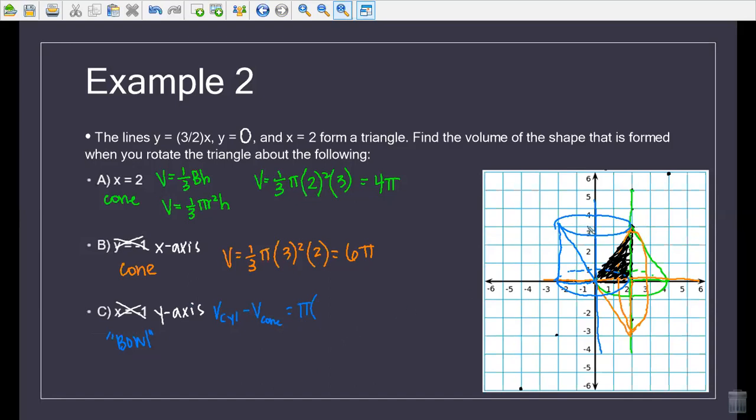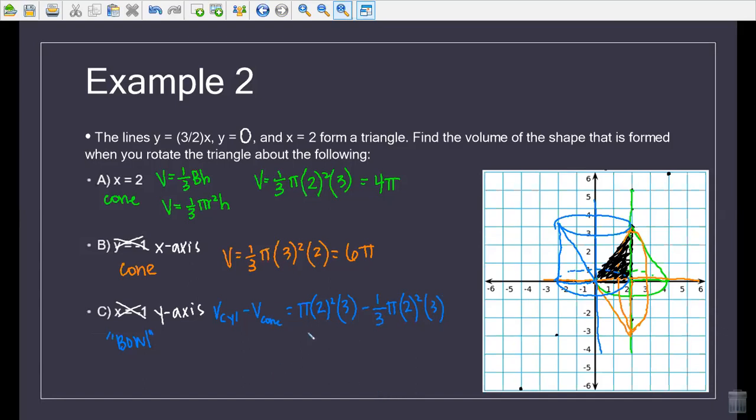Now the radius for both of these goes from the middle to the outside, it's 2, squared, times my height, which is the same height as my triangle, which is 3. Minus 1/3 times pi times my radius, which is still 2, times the height, 3.